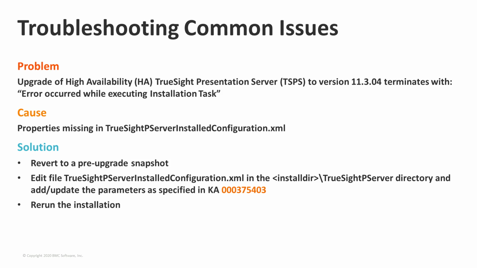To fix this error, you would need to first revert to the pre-upgrade snapshot, fix the XML with parameters mentioned in the knowledge article 375403, and then rerun the installation. If you run the 2.4 version of the Health Check Tool report before upgrade, then the report will flag this recommendation. So do run the latest Health Check Tool report before upgrade to avoid any known failures.